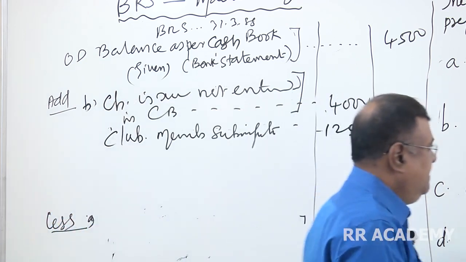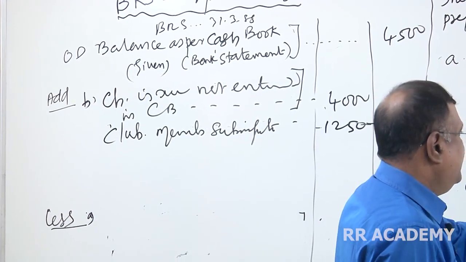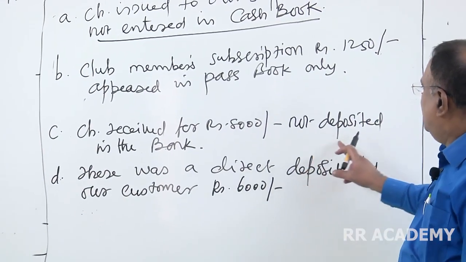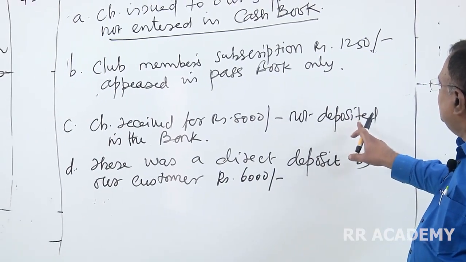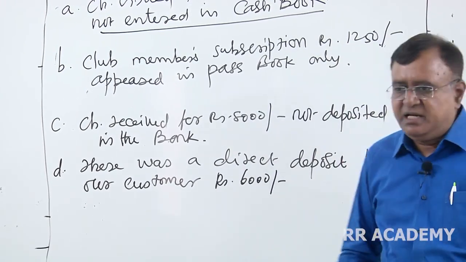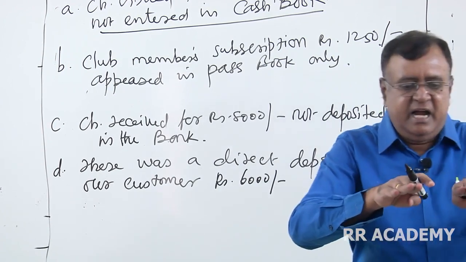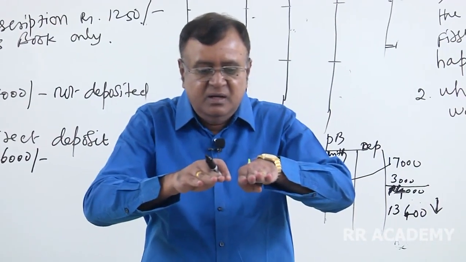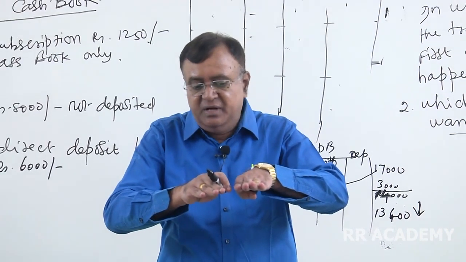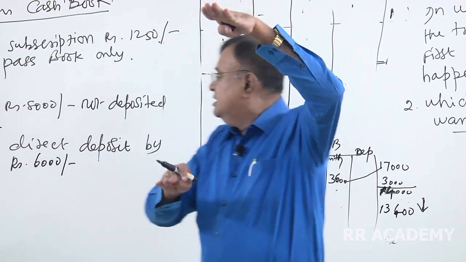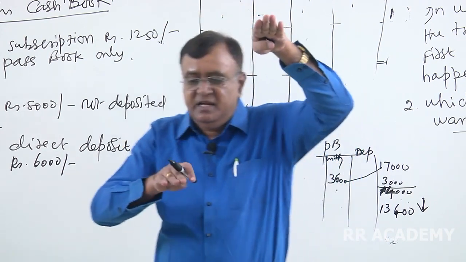Right. Check received for 8,000. This is also a check, a little bit different. Check received. Friends, cash book on the left hand side, passbook on the right. When a check is received, what will happen to the cash book balance? Increase.